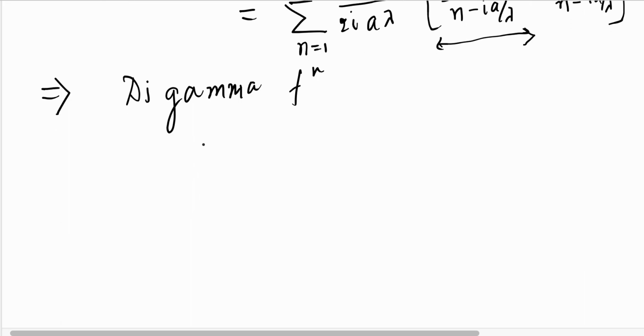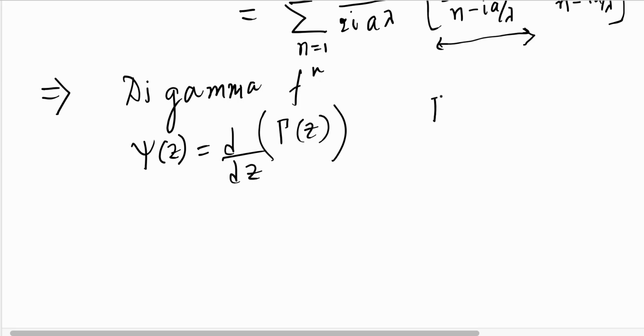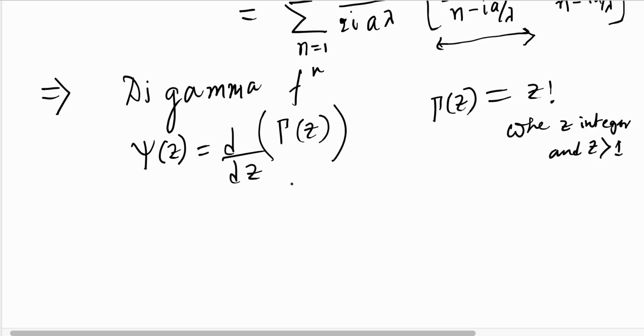The digamma function is nothing but the first derivative of the gamma function: psi(z) is d by dz of the gamma function. What is the gamma function? The gamma function takes the form of z factorial when z is an integer greater than 1.